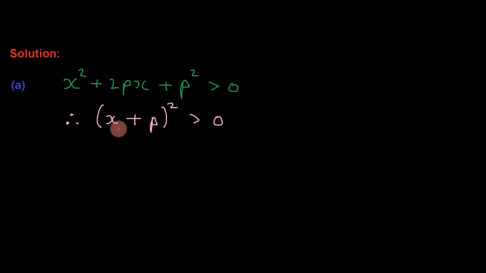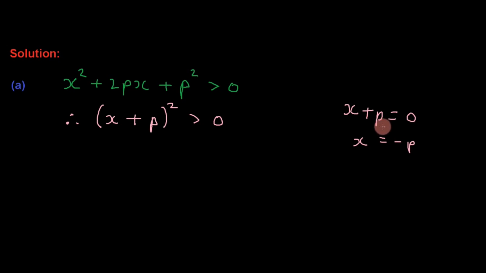We must find the value of x for which the left-hand side here is strictly greater than 0. We know that the perfect square is going to be either 0 or positive. In this case, we want it only to be positive. So the question now is, for which value of x will the contents of the bracket be 0? We know that x plus p equals 0 when x is negative p.